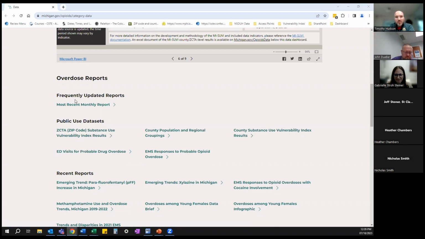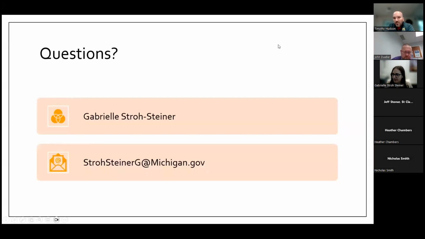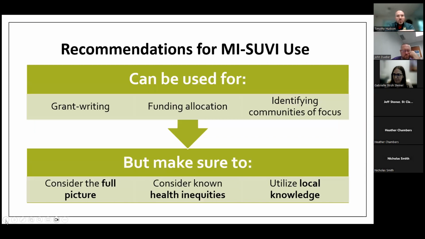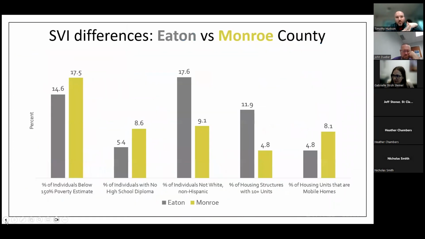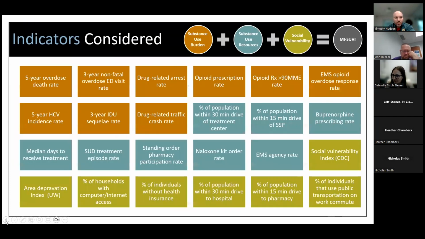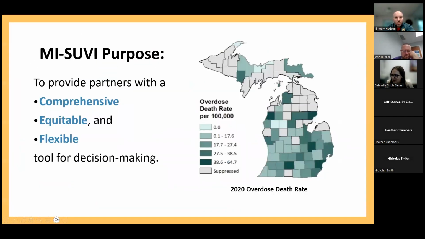There's a question in the chat about some of the earlier slides, which indicated that some of the counties had data that was suppressed. Do you know why some of the data would be suppressed? Yeah, I'm going to scroll back real quickly. Hopefully this isn't too annoying.